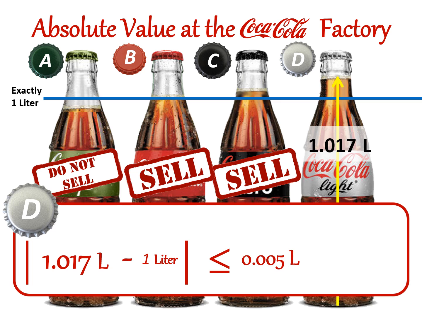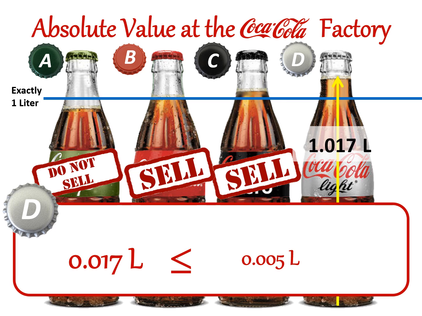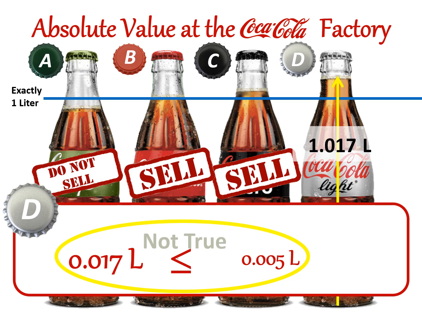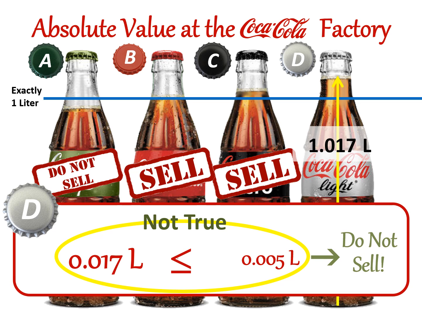We find the difference between the amount in the bottle and 1 liter, 17 thousandths of a liter. We convert this to its absolute value, and in this case the number does not change. And we have to ask ourselves, is 17 thousandths of a liter less than or equal to 5 thousandths of a liter? This statement is not true. Therefore, we cannot sell this bottle of soda.